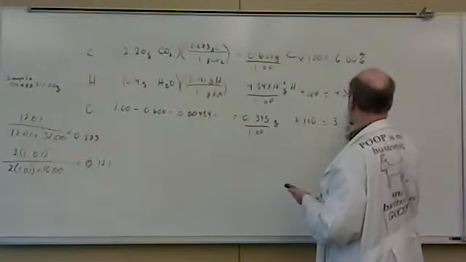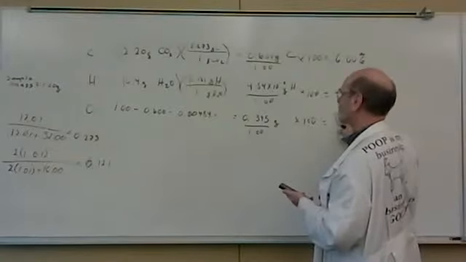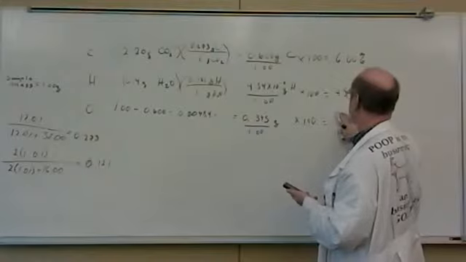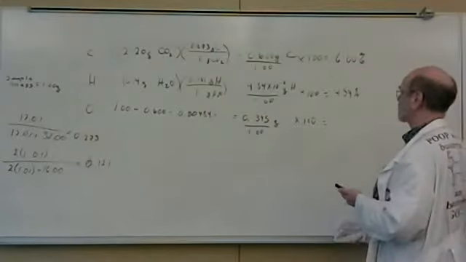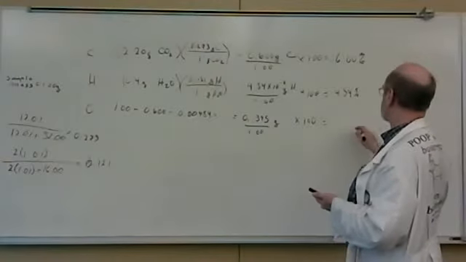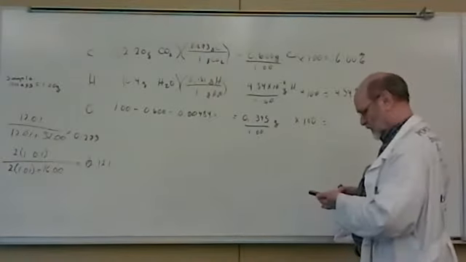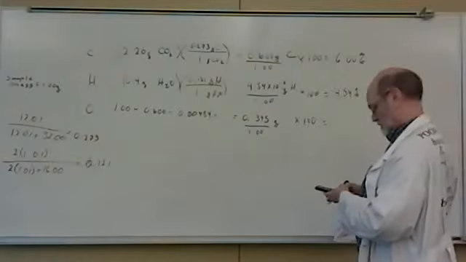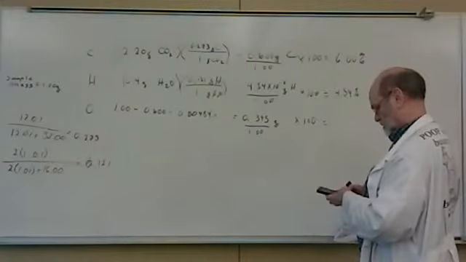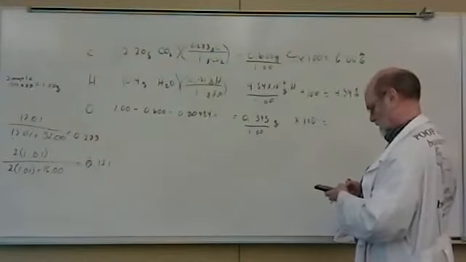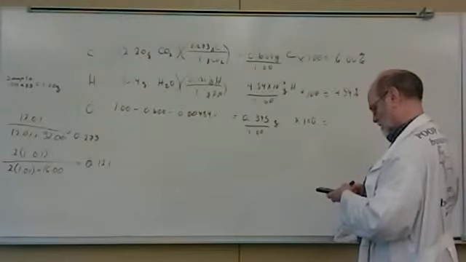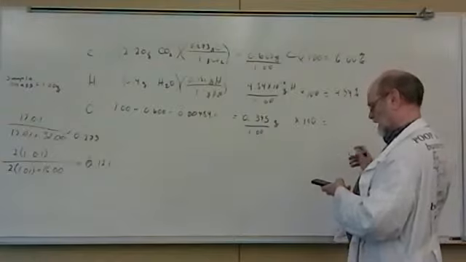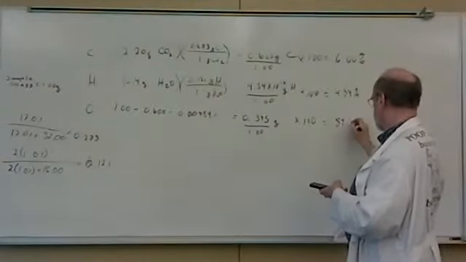And then oxygen. Oxygen is going to be the lion's share of this, isn't it? So 6 and 4.84, and then change that sign. I get 89.2%.